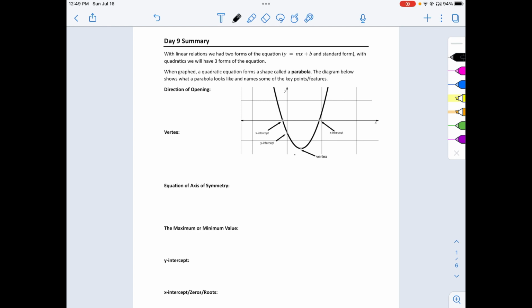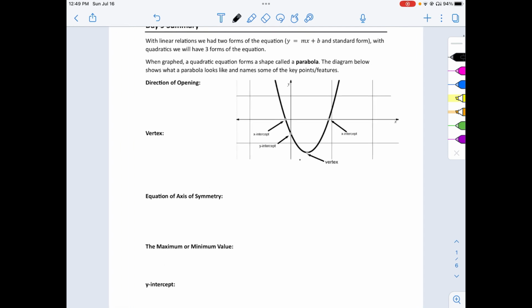So the direction of opening. In this case, in the diagram, the parabola is opening up. Obviously you can see it there, it looks like a U shape. And like I mentioned, if you continued in either direction on the x-axis, it would increase forever.